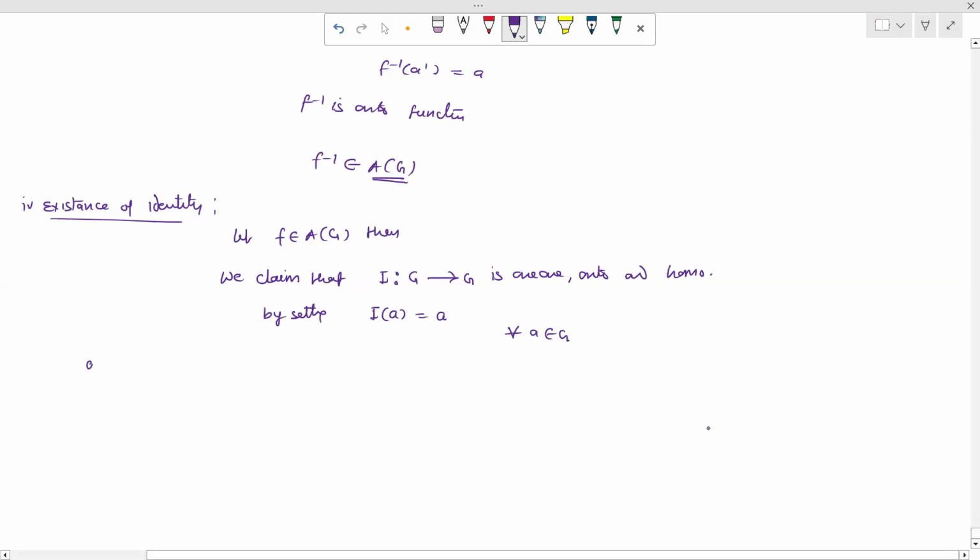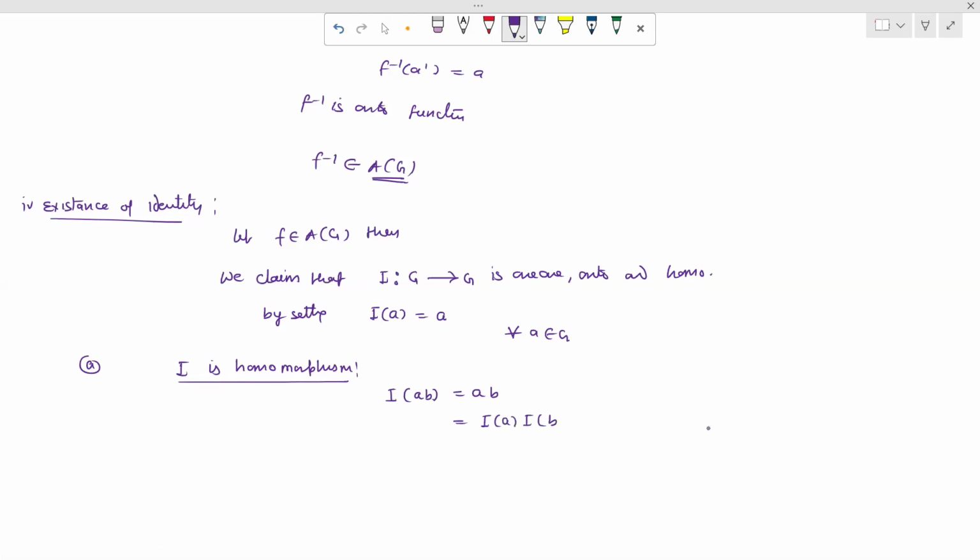Now we shall prove that I is homomorphism. For proving I is homomorphism, I of AB is equal to AB by the definition. This AB can be written as I of A into I of B. So it means that I is homomorphism.